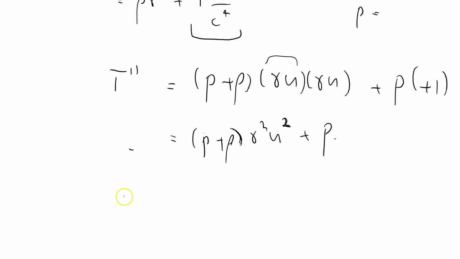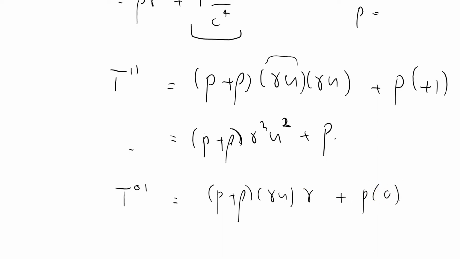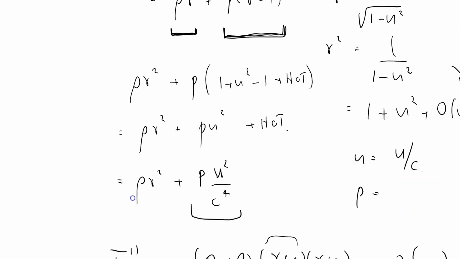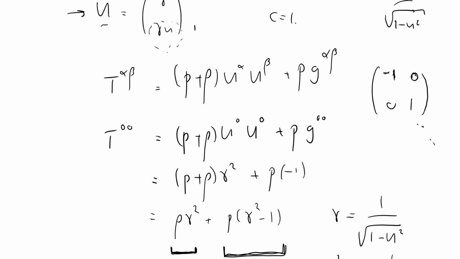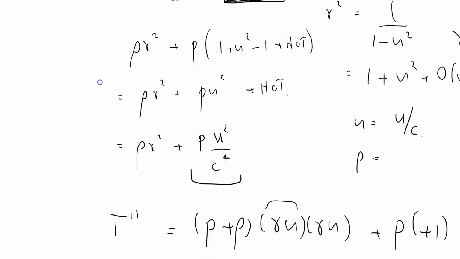And there's one other term here, which is the T0,1 term, which is (p plus rho) gamma, that's a gamma, gamma u, plus p times 0. This is the off-diagonal element, and if I look at the formula here, the general formula, we'll see that when I put alpha not equal to beta, we're off the diagonal, and so certainly in flat space we've got a 0 term there.